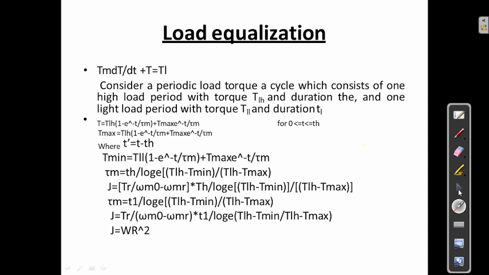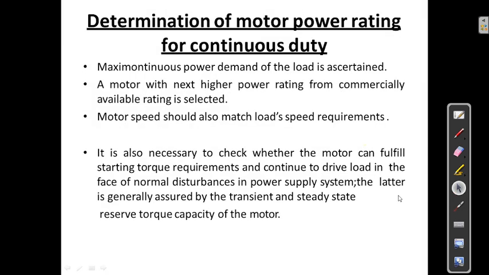Now we will see the determination of motor power rating for continuous duty. First, for the power rating, the maximum power demand of the load is ascertained. A motor with the next higher power rating from the commercially available ratings is selected.